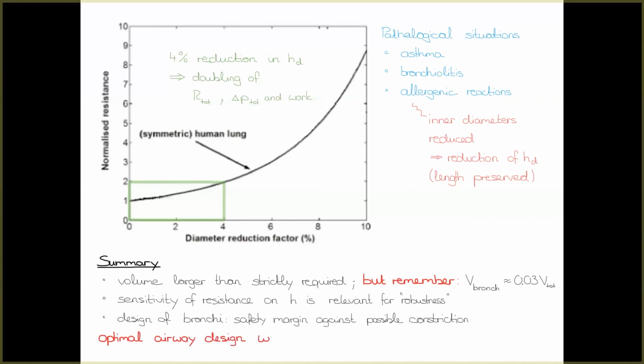So the optimal airway design would be dangerous. It's like building an airplane optimally light. I have a friend who bought a custom-made bike, very expensive, super light, and then it just broke in parts when he was riding. So there was not enough safety margin in that bike frame. I think it's clear we shouldn't construct things like that.